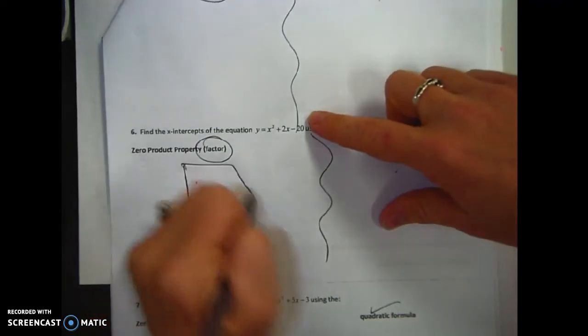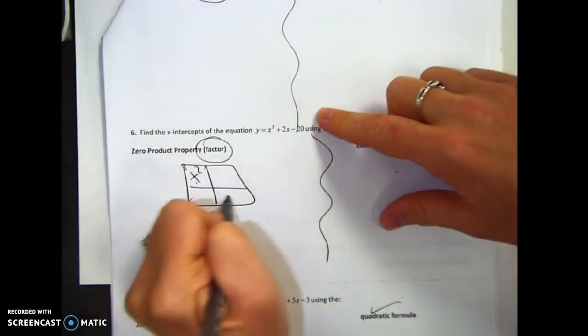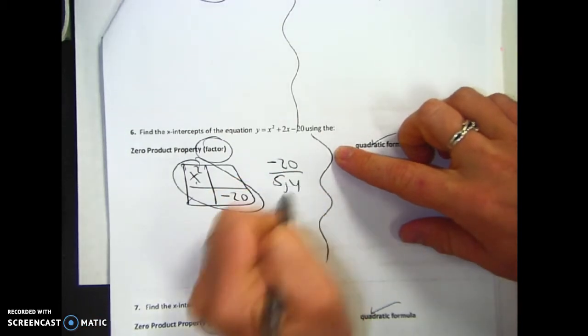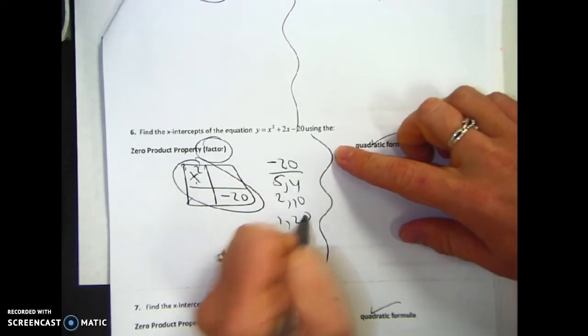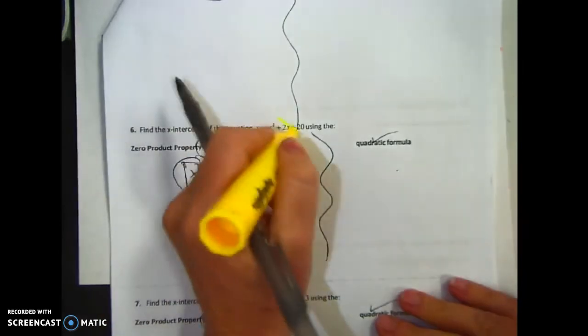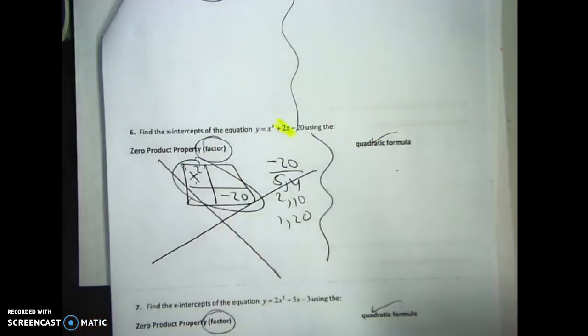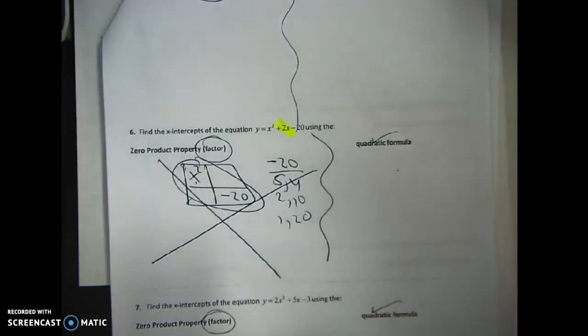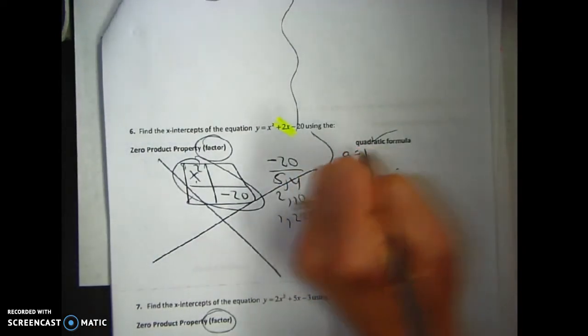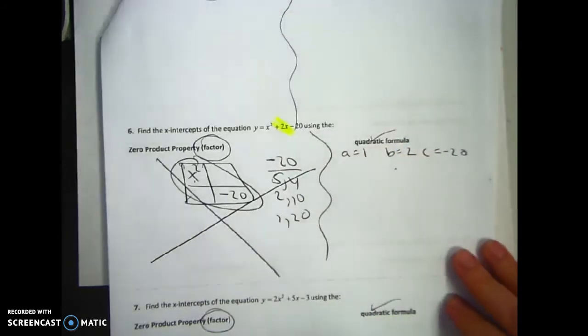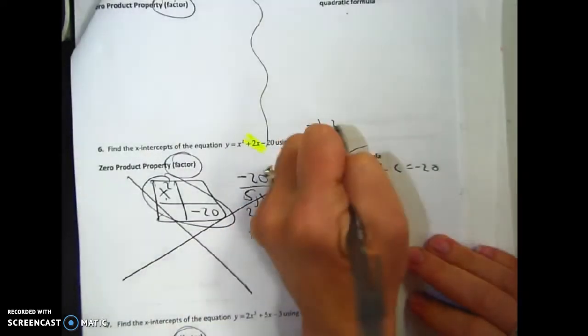So I'm going to try the box. X squared, negative 20. Negative 20 is 5 and 4, 2 and 10, 1 and 20. I'm trying to get 2. If you notice, I can't get 2. So I can't factor. I have to do the quadratic formula. Okay, I'm going to write down the quadratic formula right here.